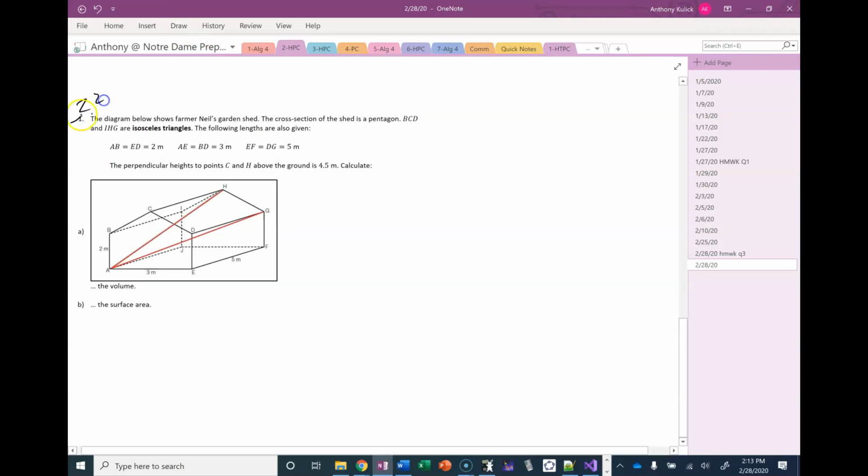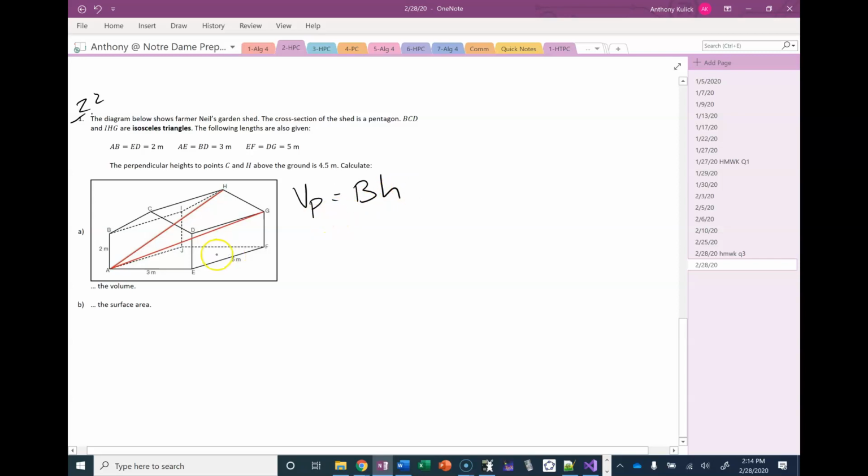So this is 22 then, right? Oh yeah, this is quite a bit harder. Okay. All right. So, the volume for the prism is area of the base times the height, right? Okay.